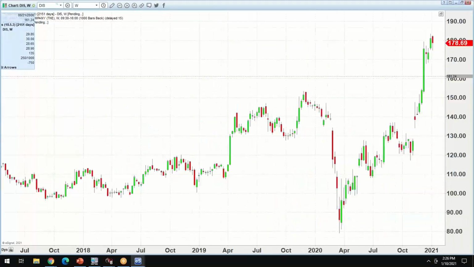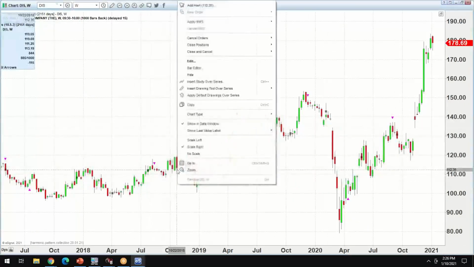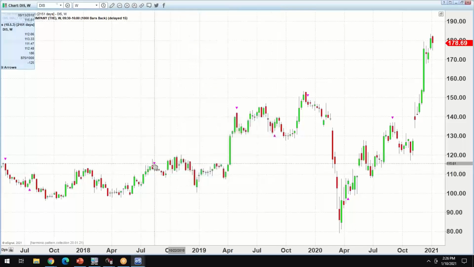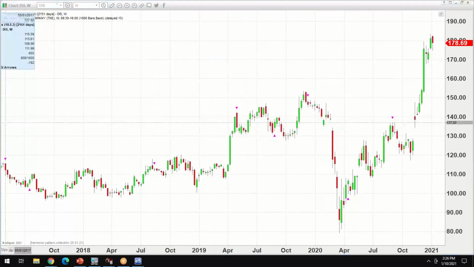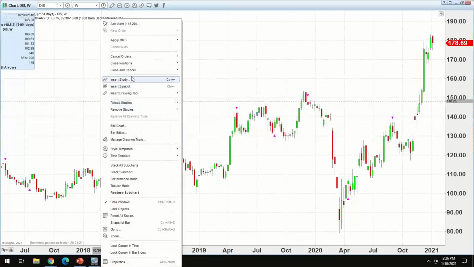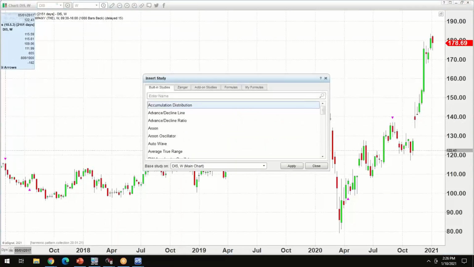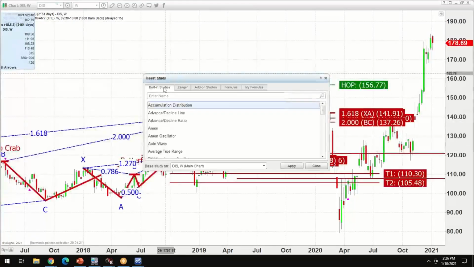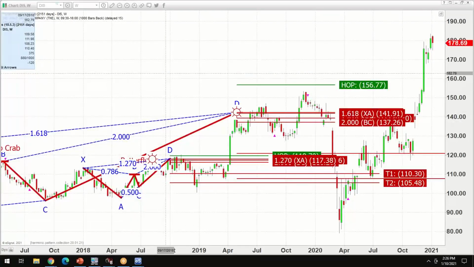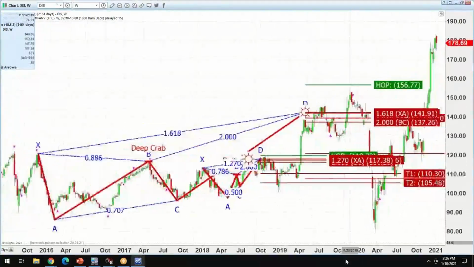This unfolded perfectly, okay, in the type 1, type 2 framework. Here, let me bring it up. Here's Disney on the weekly. Where'd it go? There it is. Yeah, on the weekly. I think that's even on the monthly too.